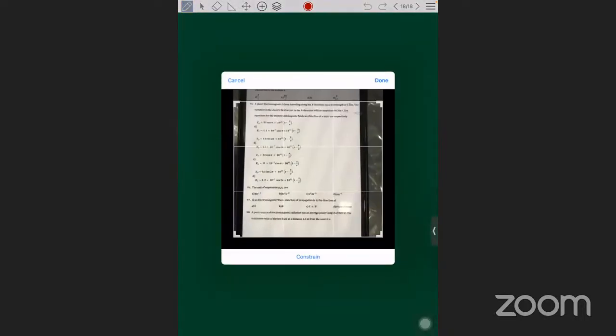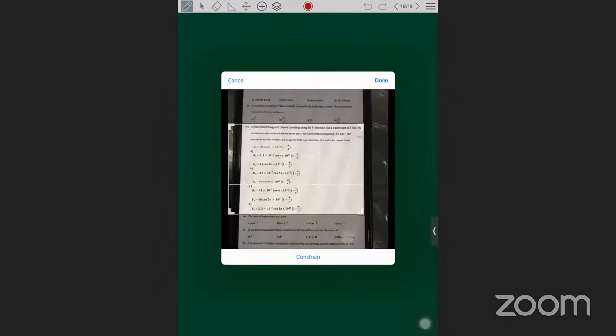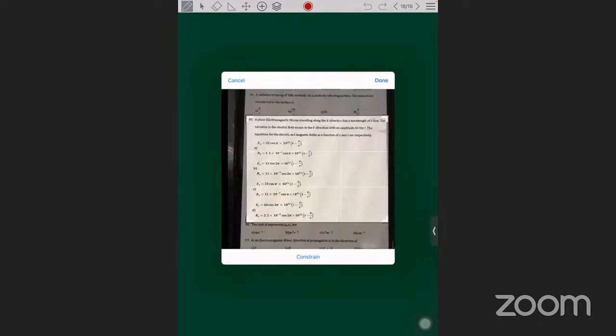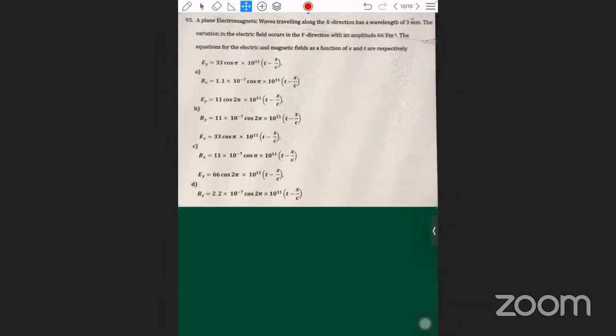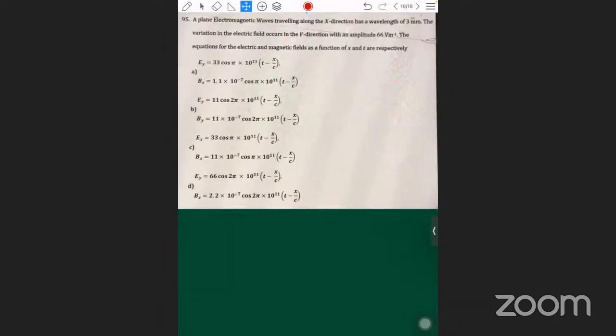Let me try this. There is a plane electromagnetic wave traveling along the x direction. Wavelength lambda is 3 millimeter.